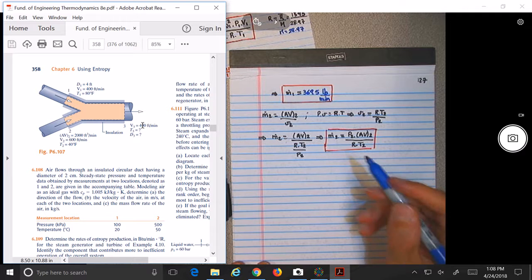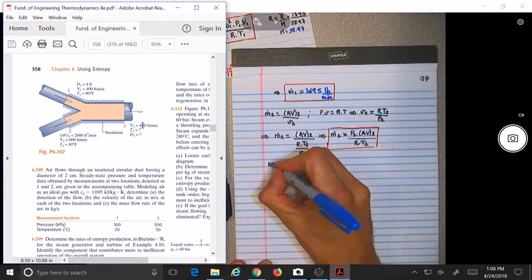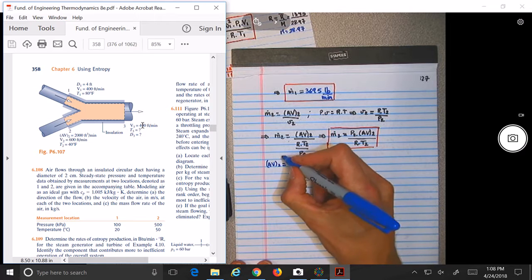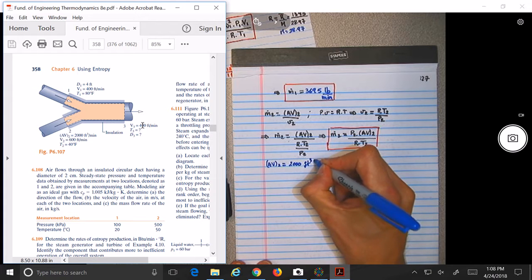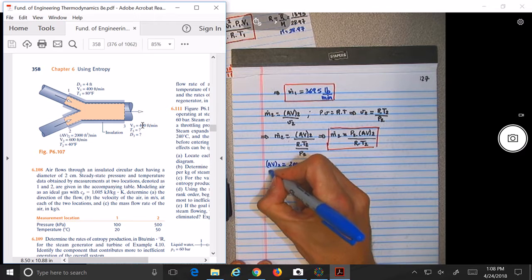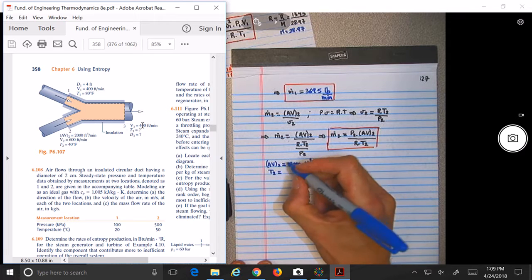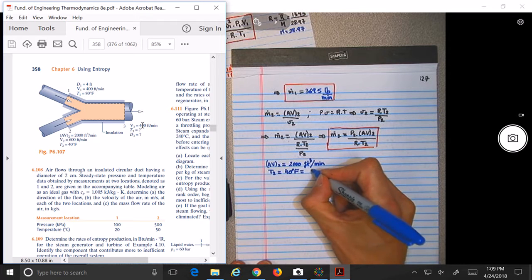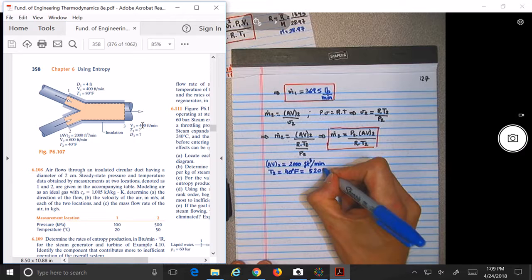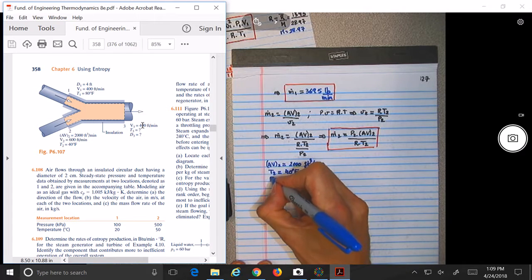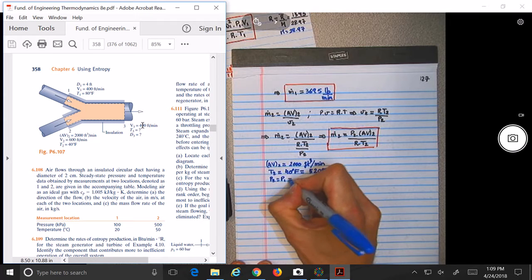So if we do the units, A V2 is given to us under the form of 2,000 cubic feet per minute. T2 is 400 degrees Fahrenheit, so how many Rankines? 520 Rankines. And then P2 is basically equal to P1.